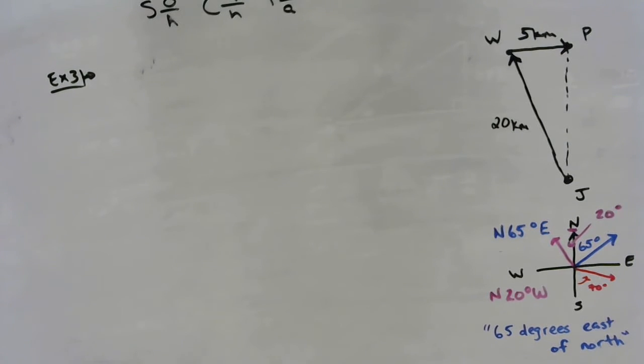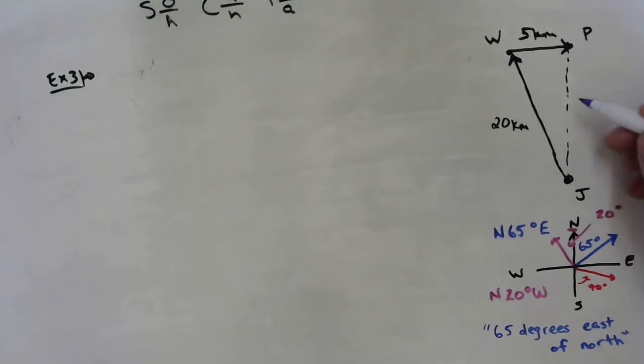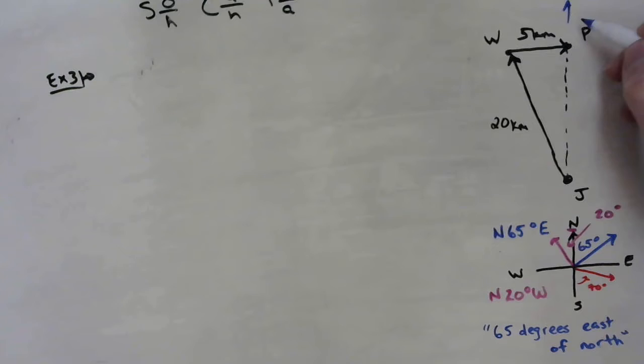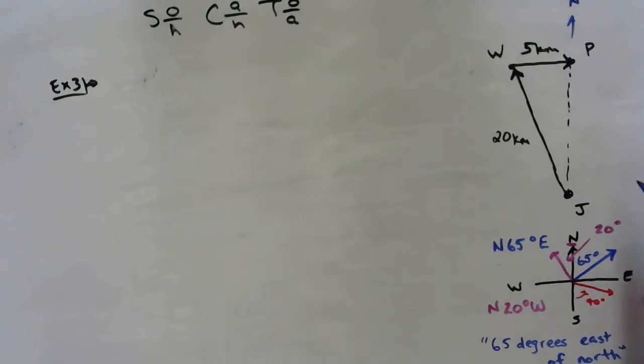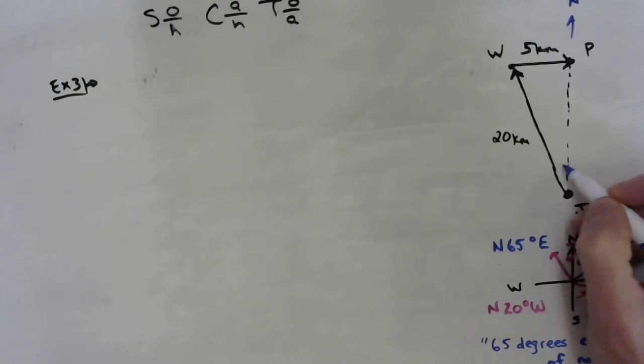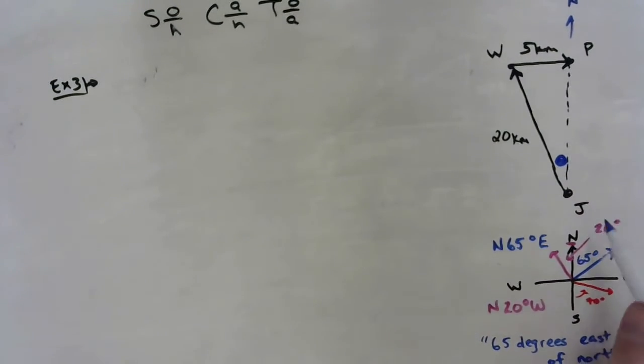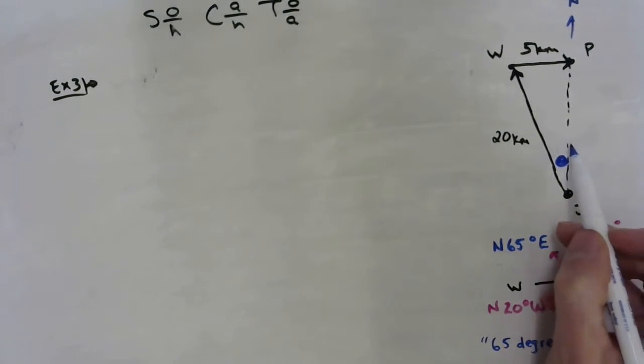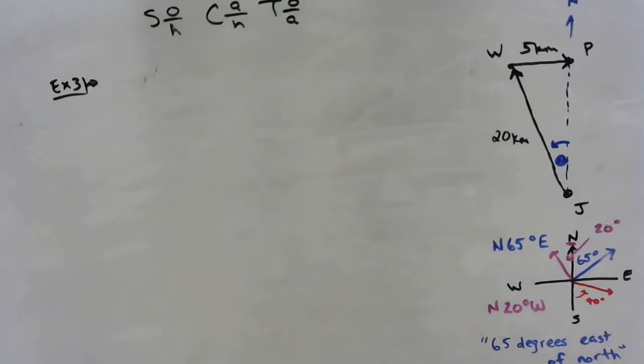We need to give the bearing that Jack is going, which basically means that we're looking up this line, which is heading due north, and we're looking for this angle right here. On my diagram, I'm just going to call that angle theta. That's the one I'm looking for, because that will give me the direction west from north.